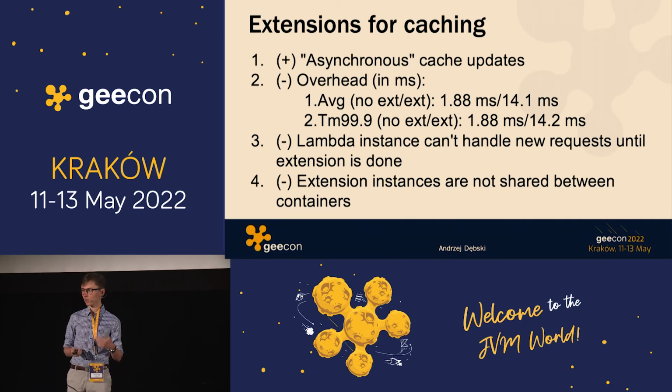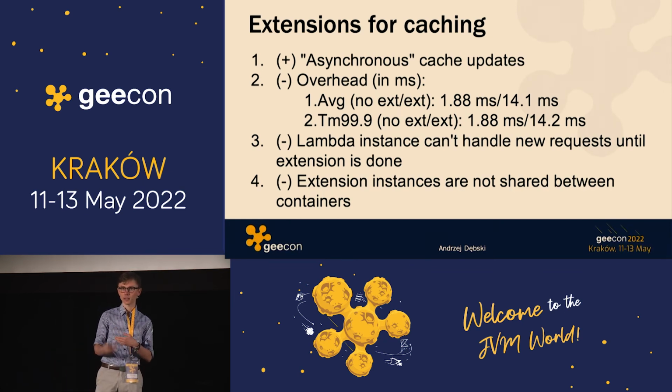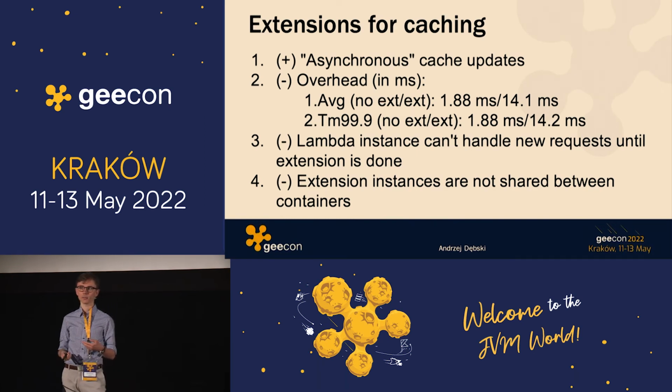Without the extension, the average request time from a client perspective was 1.88 milliseconds. With the extension, it was 14 milliseconds. It may depend on your use case how significant that difference is, but before deciding on using an extension, you should measure its impact.